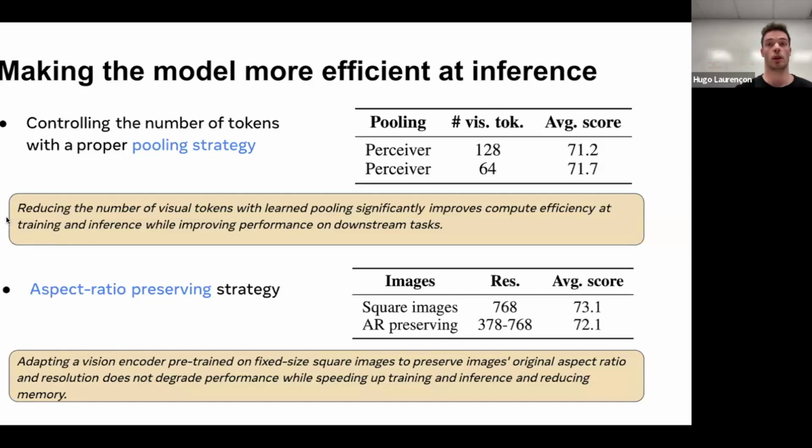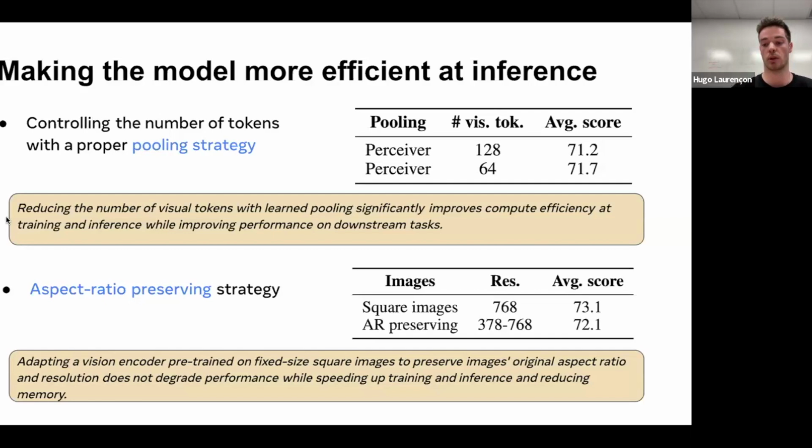If this resolution is too low, then you will be bad at a lot of different tasks. For example, document understanding, because this requires a high resolution for the images. But if this resolution is too high, then you will have a lot of constraints because, for example, for an image that is of low resolution, you will need to upscale it to a higher resolution before passing it to your model.